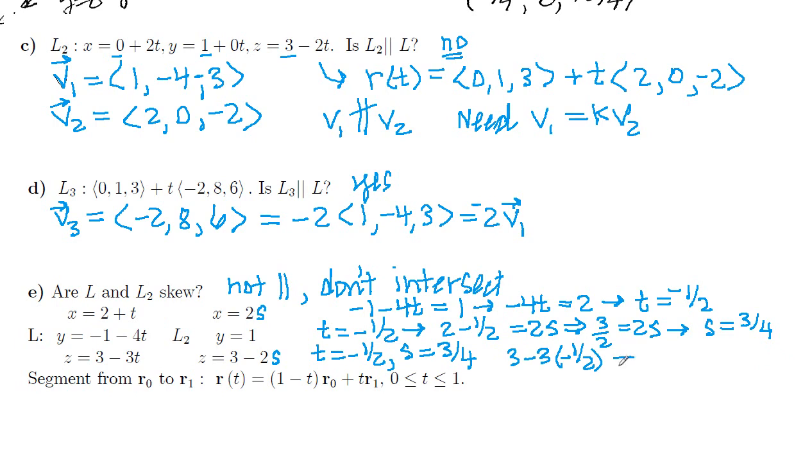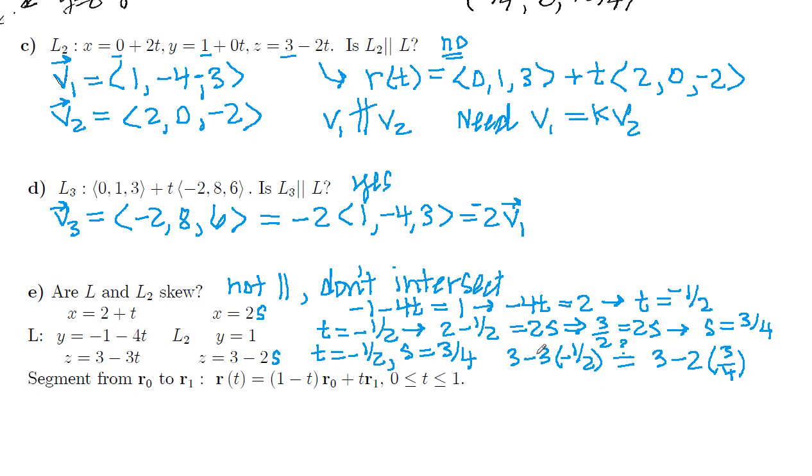We're asking the question, is that equal to 3 minus 2s? So this would be 3 minus 2 times 3/4. Double negative will make a positive.